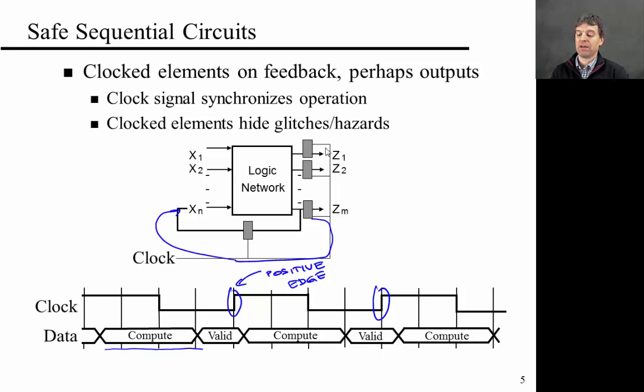So I have to have some way in which I can hold the value. Once I've reached the correct value, I'm just holding it there. I do my combinational logic on these output values, or now input values, and then I update. And so the question is, what is the element that allows me to hold the value for as long as I need it?